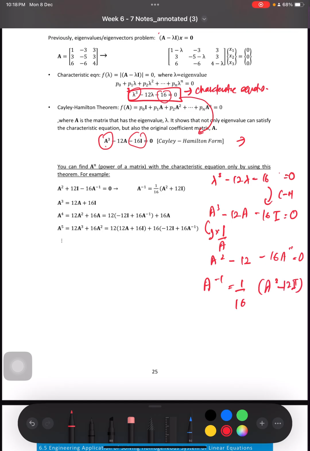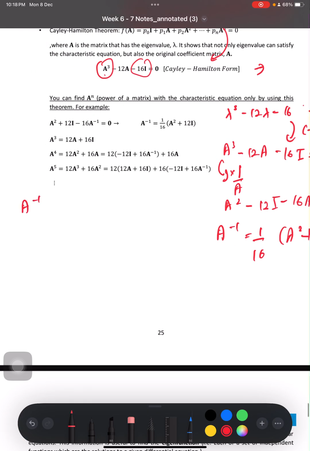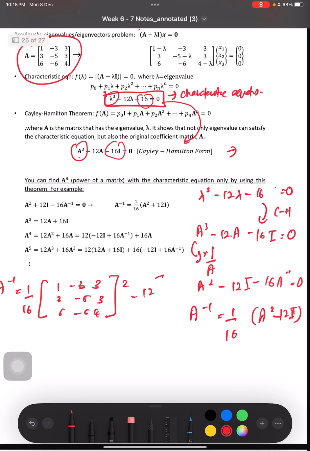Okay. So from here, A inverse is 1 over 16 multiplied with the matrix A to the power of 2. This one: 1, negative 3, 3, 3, negative 5, 3, 6, negative 6, 4, to the power of 2, minus 12 multiplied with 1, 0, 0, 0, 1, 0, 0, 0, 1.